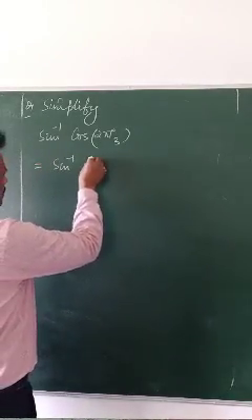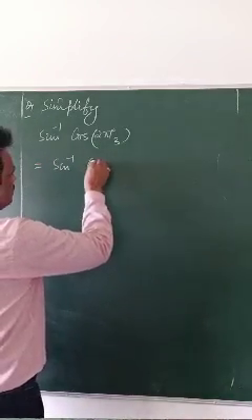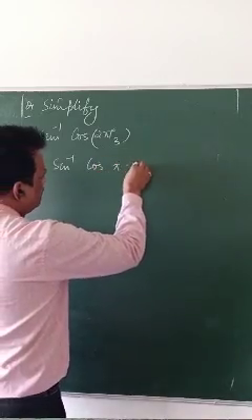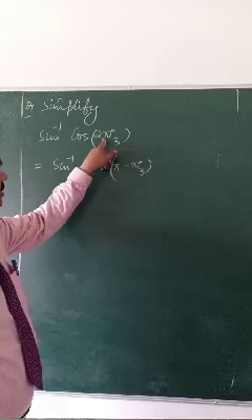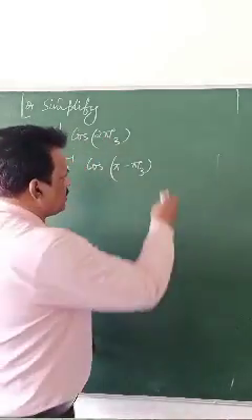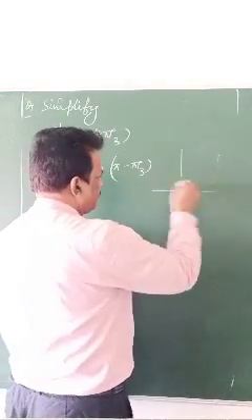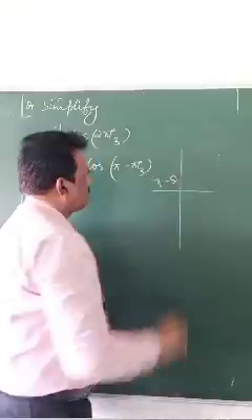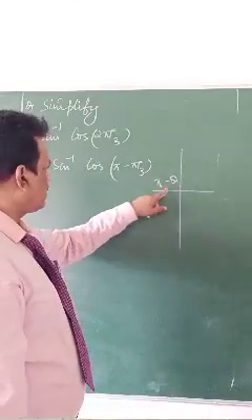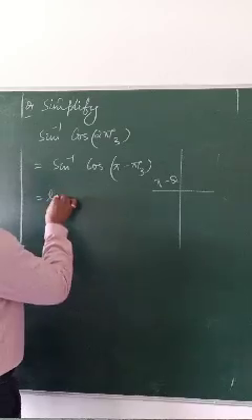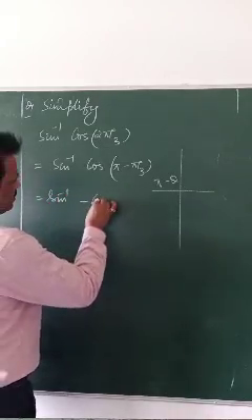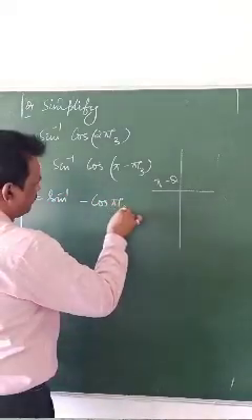Sin inverse, this is cos of pi minus pi by 3. Pi minus pi by 3 is 2 pi by 3. So what is the quadrant? Look at here. Pi minus theta, second quadrant, cos is negative. So that will be sin inverse minus cos pi by 3.